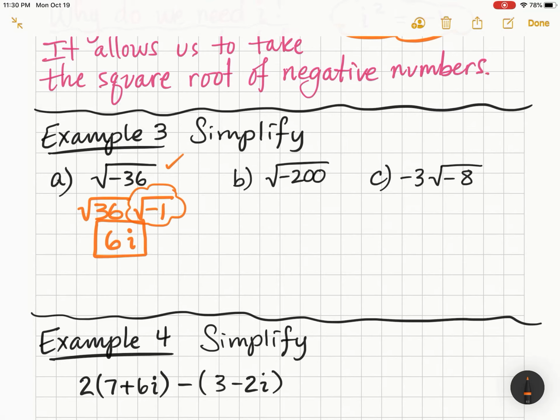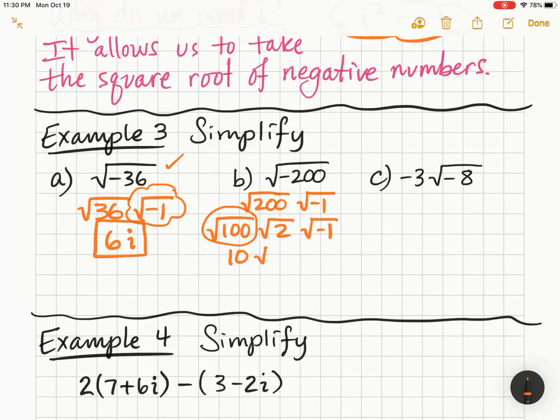Okay, here I'm going to have to do a little extra work because 200 is not a perfect square. So I'm going to have to figure out how to further break that 200 apart. 100 is a perfect square. So I can say 100 times 2 times -1. And now I want to simplify. I like to circle my perfect squares. That's 10.